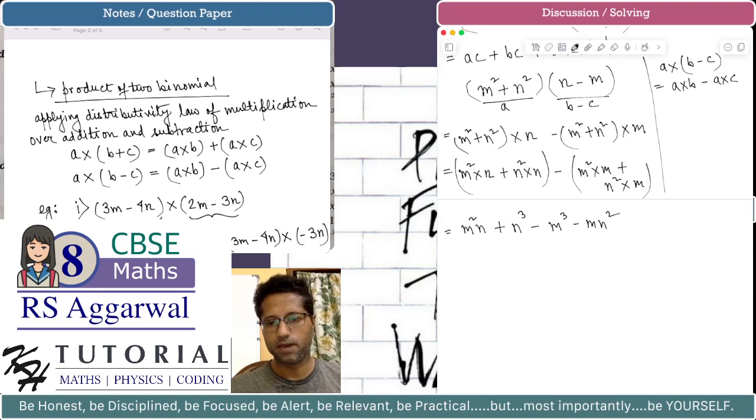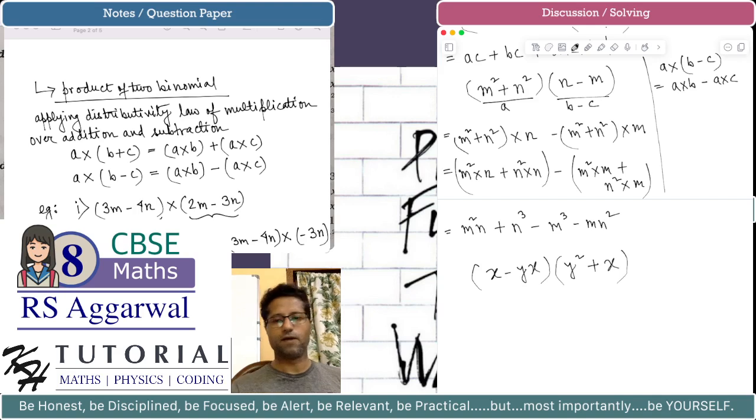Let's say we have x minus yx multiplied by, let's say, y square plus x. So we have the first binomial is x minus yx and the second binomial is y square plus x.